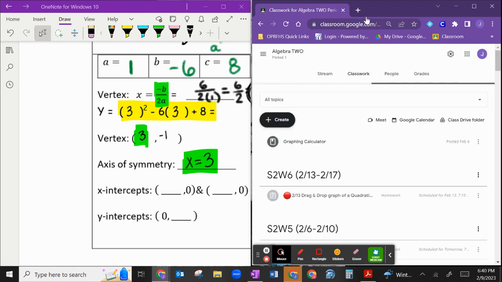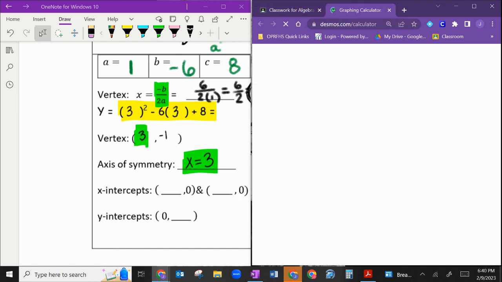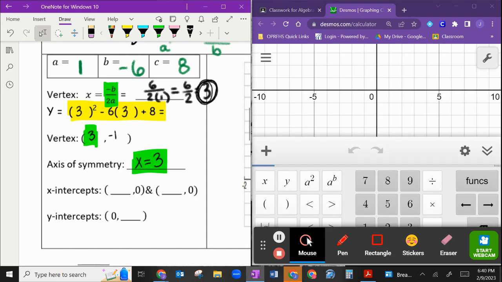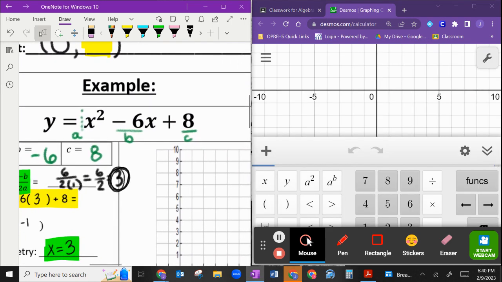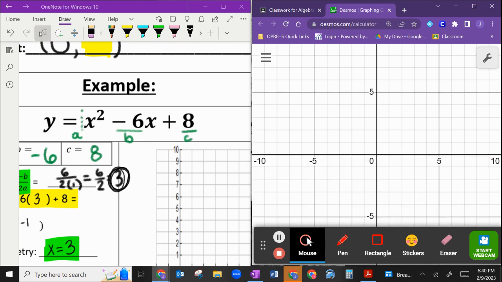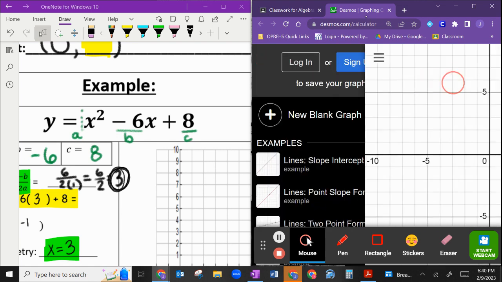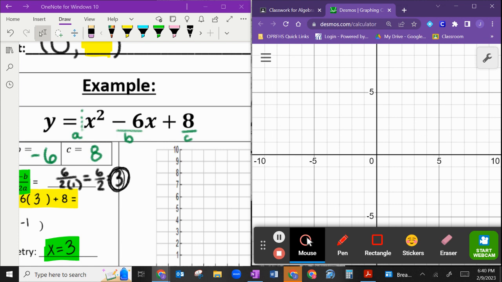Oh, where did it go? There we go. So if we plug in our original equation, hold on. Let me see here. It's not coming up as nicely as I would like it to. Give me 1 second.